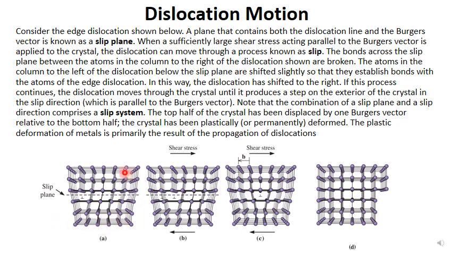Now let's propose that we have this single crystal, and in this single crystal we've got one edge dislocation, one extra half plane inserted here. What would happen if we apply a shear stress to this crystal structure?